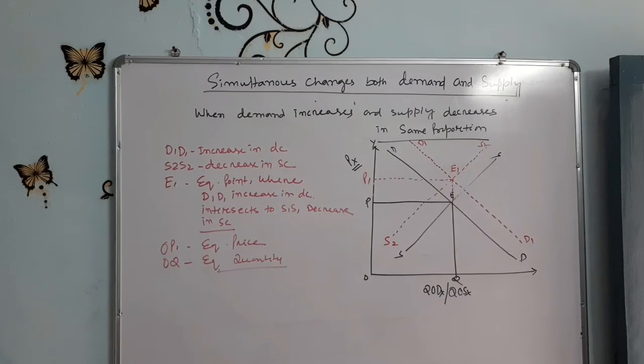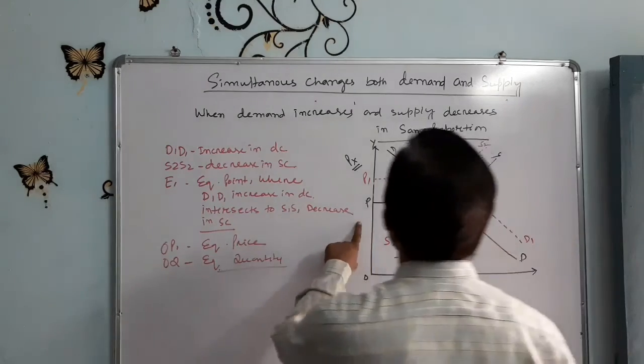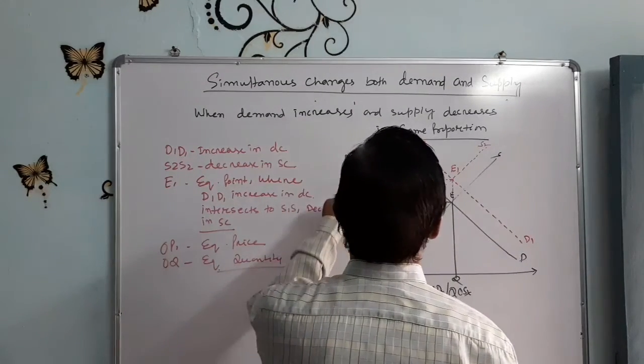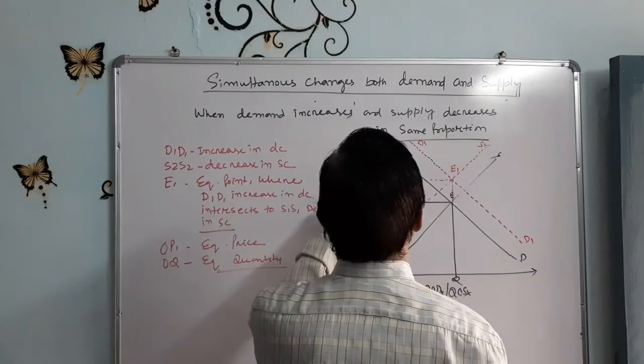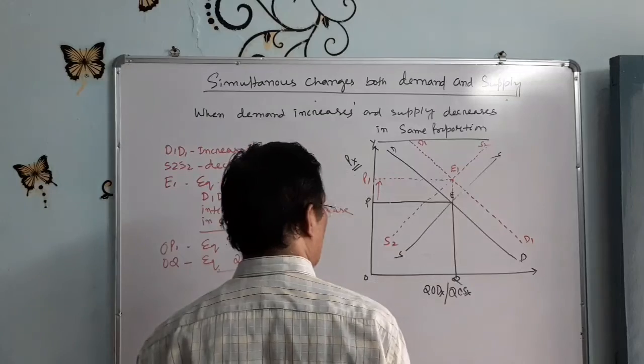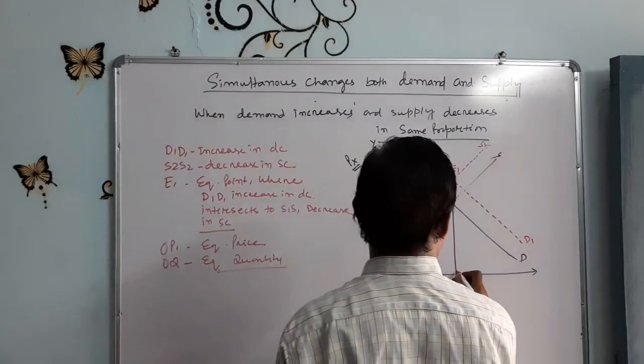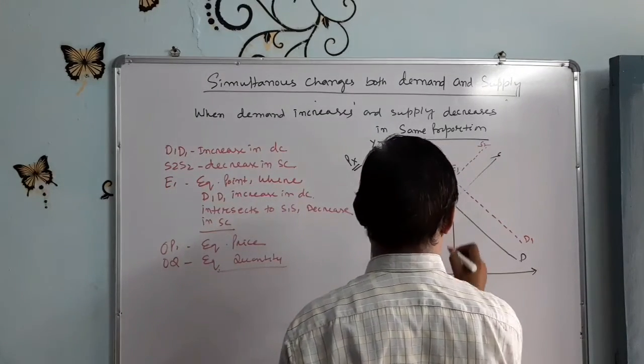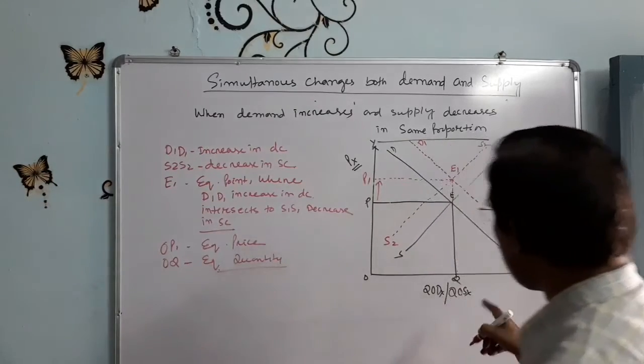It means, what is the effect here? Price increases. The previous price was OP, and the latest price after the increase in demand and decrease in supply increases from OP to OP1, and the quantity which was initially OQ remains same here.